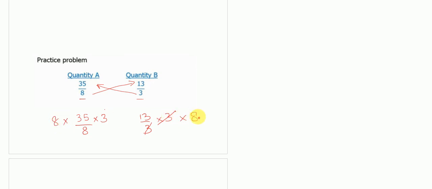And since these are again positive numbers, it's allowed. These two 8's would cancel each other out, and we'll be left with 35 multiplied by 3 and 13 multiplied by 8. So now it's pretty easy to compute these values. I would leave it to you to compute the values and find the right answer.